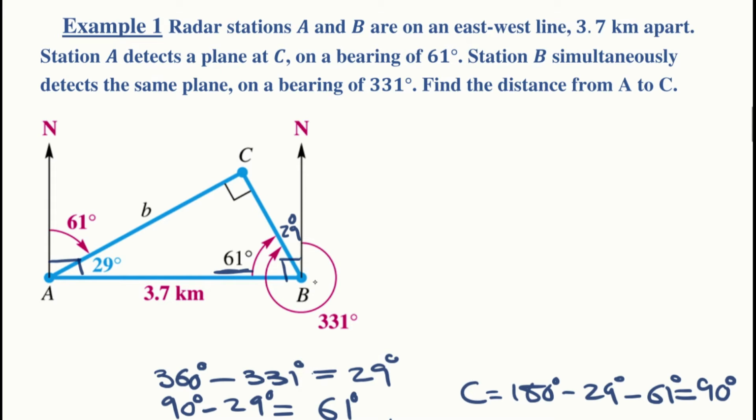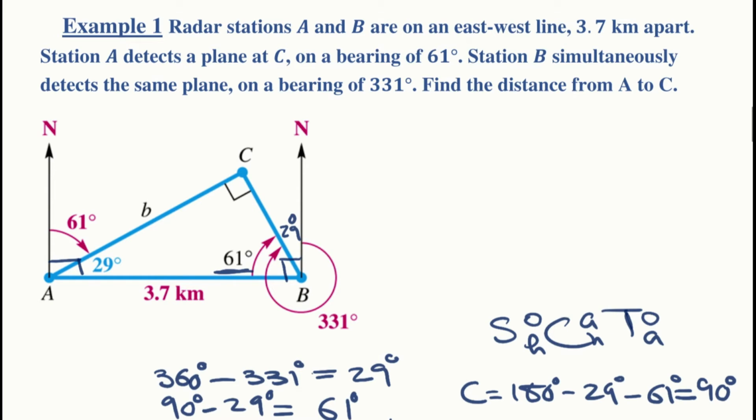So let's bring back our friend SOHCAHTOA. So which trig function is it that deals with an angle, the side adjacent, and a hypotenuse? You see right there, it's the cosine.